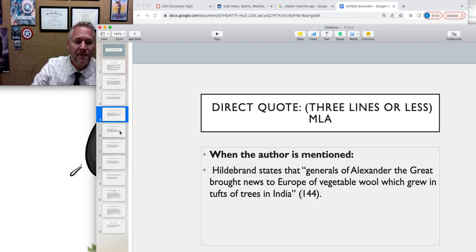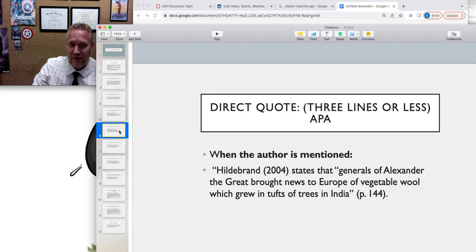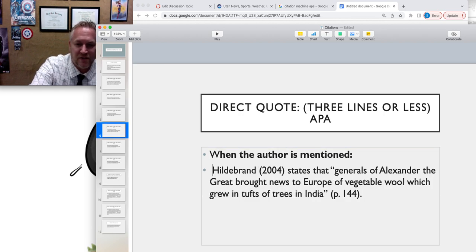Okay, same thing with APA style, except instead of putting the year in the citation, the year always goes with the last name. Why is there a quotation mark right there? Let's fix that. Okay, so same thing. Hildebrand 2004 in parentheses states that, quote, generals of Alexander the Great brought news to Europe of vegetable wool which grew in tufts of trees in India.